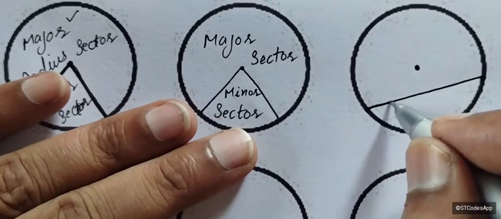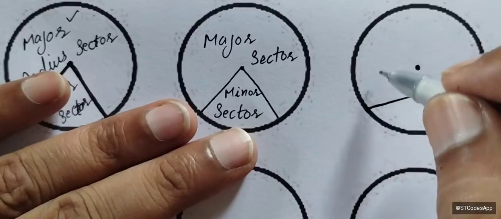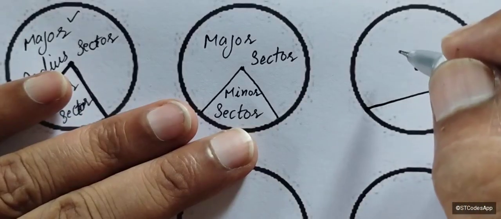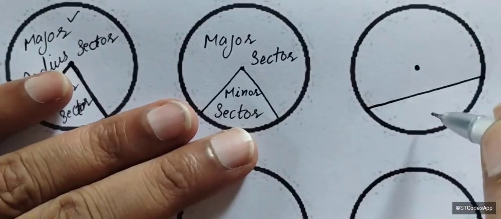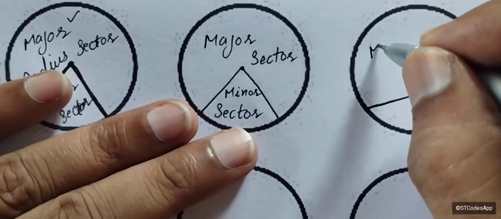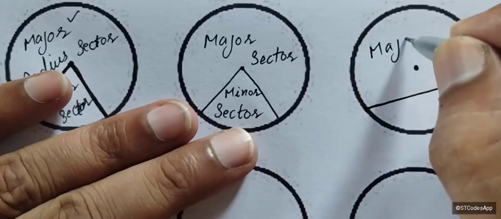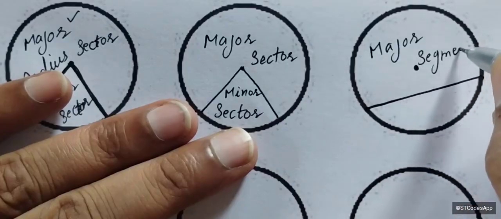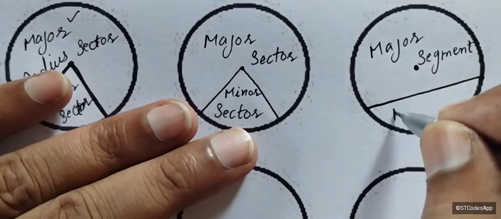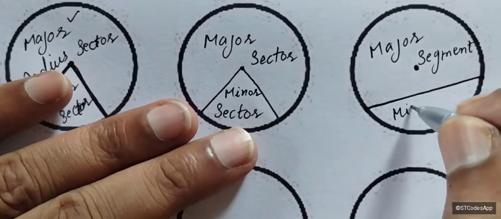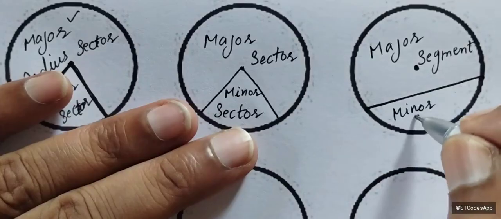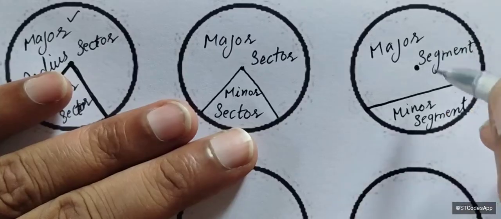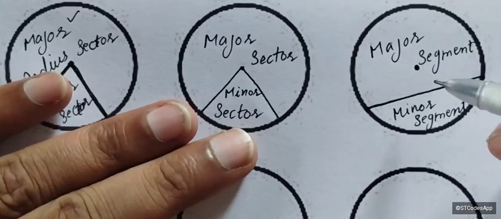In this way, whatever part has been formed is called a segment. Two segments are there. This is the major segment, the big segment, and this is the small segment. It is called the minor segment. Major segment and minor segment.